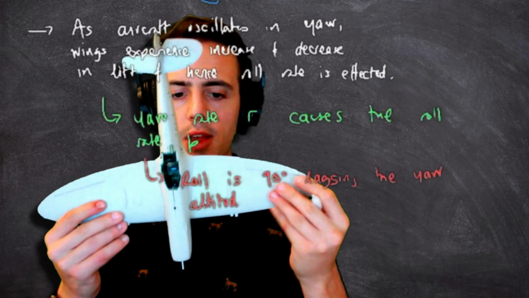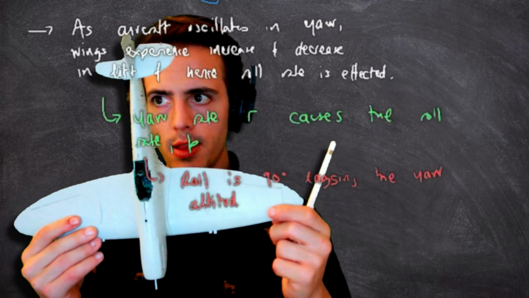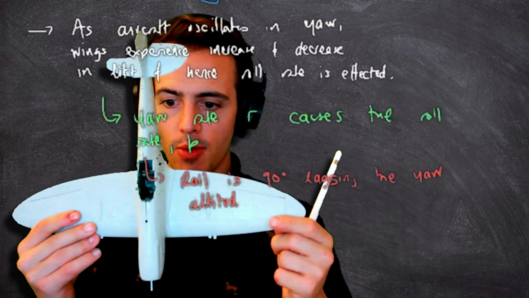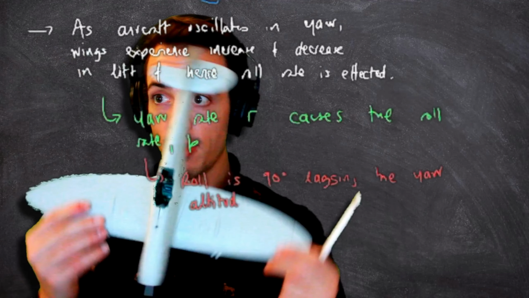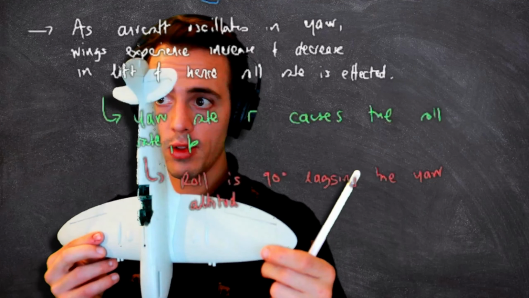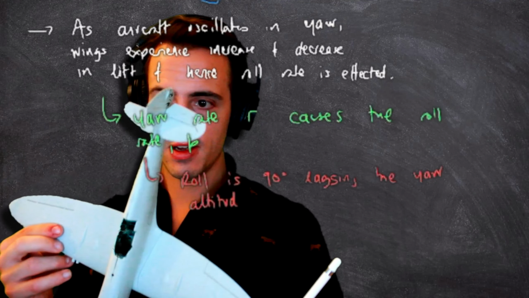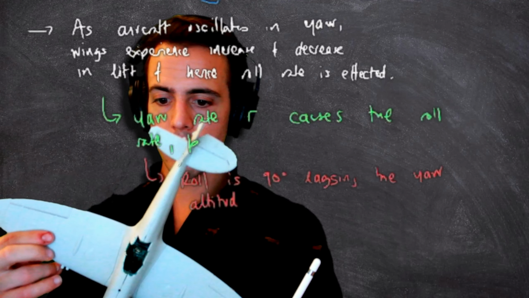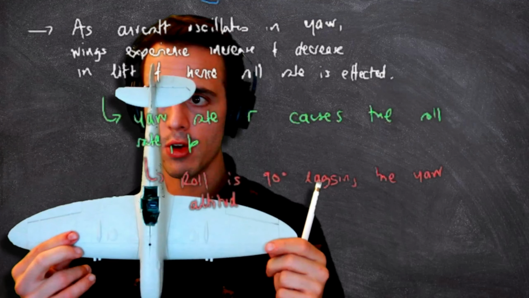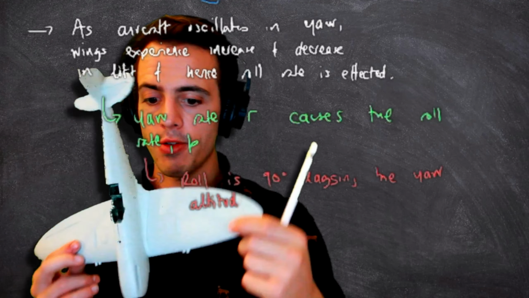So as the aircraft is starting to yaw, say the aircraft is in this oscillation, at the point that it's at 0 yaw, the aircraft is at its maximum roll. And then it slows down, it starts to level off, and then as it comes back again, when it passes its 0 point of the yaw attitude, it's at its maximum roll in the opposite direction.